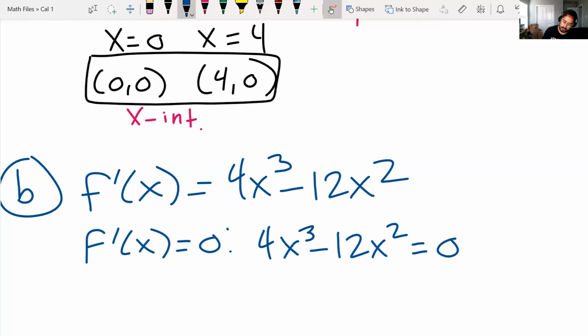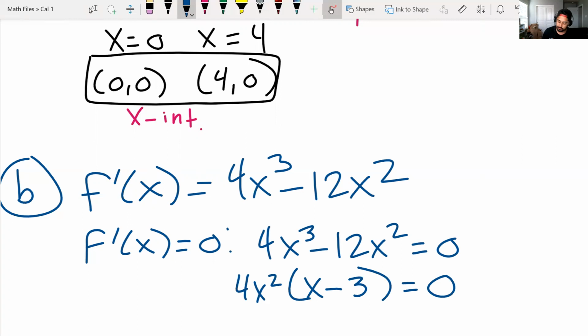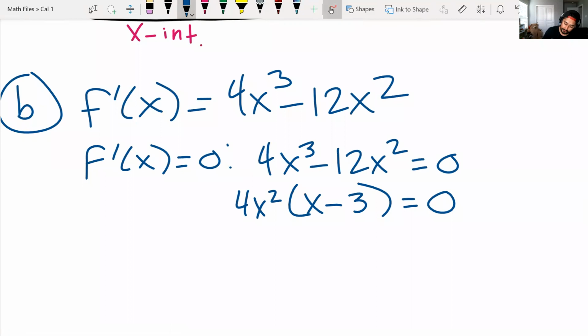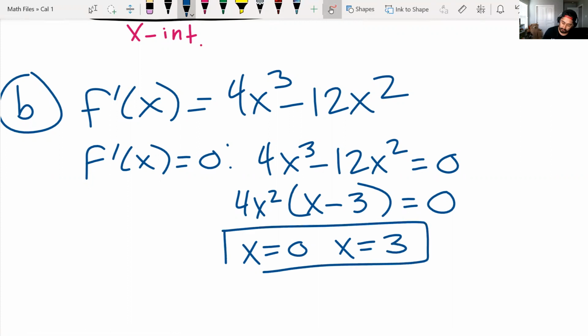Factor out a 4x squared, that leaves me with x minus 3 equal to 0. Set those equal to 0, and I'll get x equals 0 and x equals 3. These are my critical numbers, right?